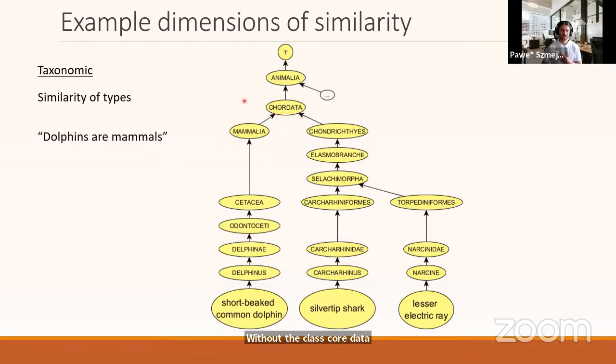Notice that the same knowledge may be represented in different ways, but what we care about here in the taxonomic dimension of similarity is the similarity of types regardless of how those types are described. And naturally, the similarity of types means that there is some connection between classes. There is some subclassing going on.